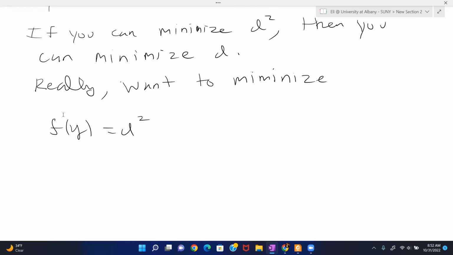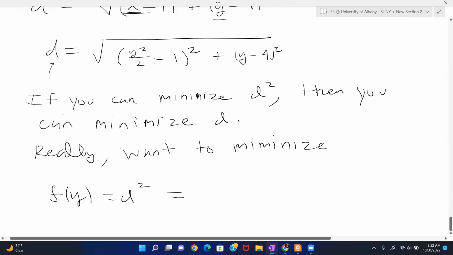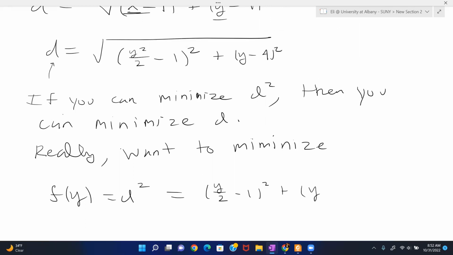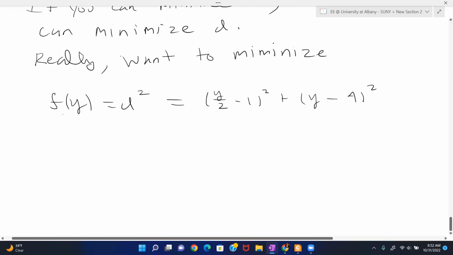So d squared is going to be (y squared over 2 minus 1) squared plus (y minus 4) squared. And now, again, we have this continuous function we want to minimize, so we can just use the tools of calculus to find these values.